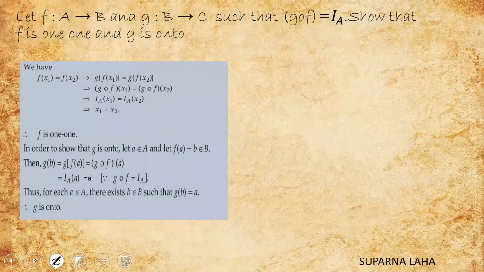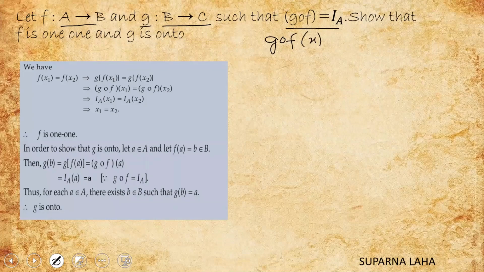Here is your next problem. A function f is given from A to B and another function g is given from B to C, such that gof is identity. That means g of f of any element x I take from the set A will give you the same value x, the same as the input. Now you need to show that f is 1-1 and g is onto.